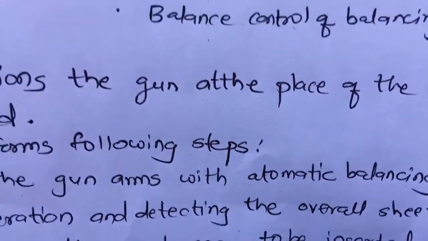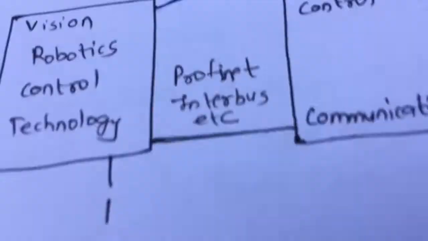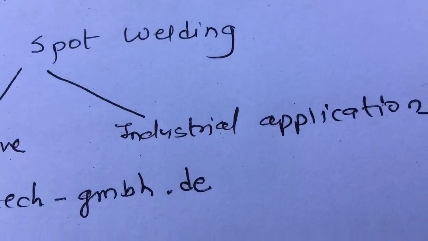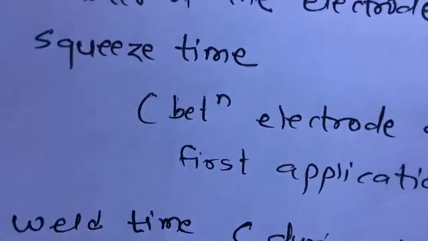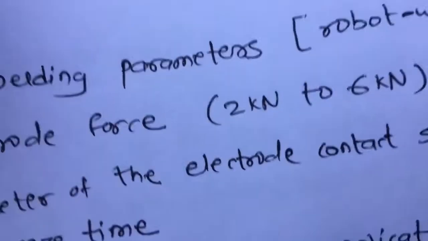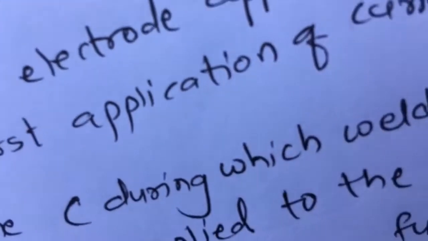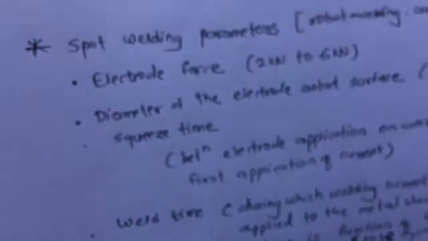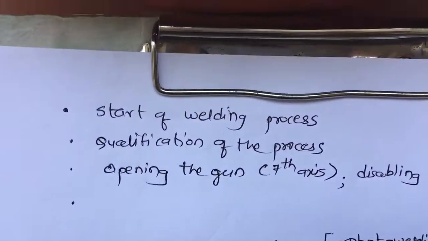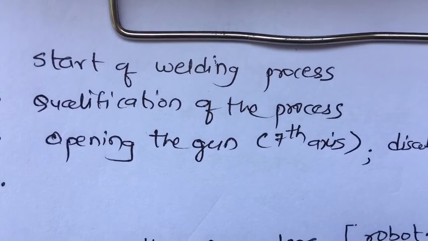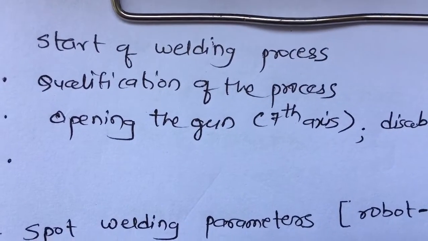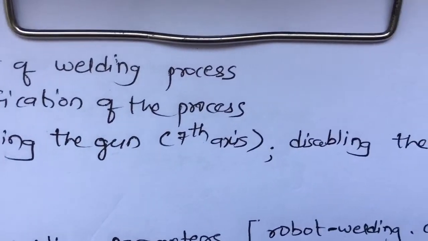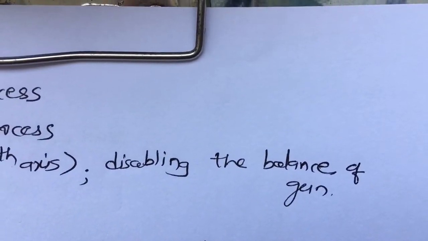Apart from this, there are some additional functions. Let us look at those additional functions in detail. They are start of welding process, qualification, checking quality of welding process, opening the gun, that is the 7th axis, and disabling the balance of the gun.